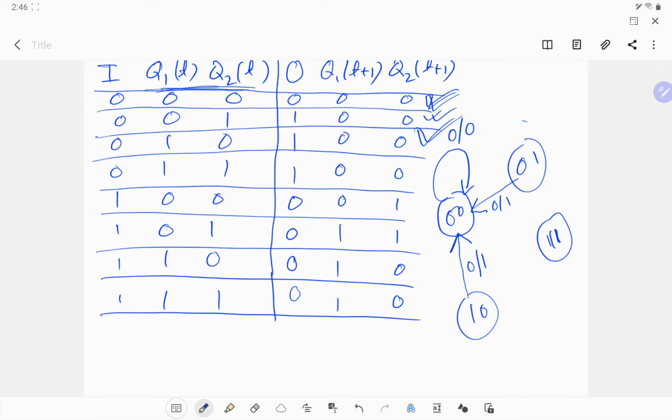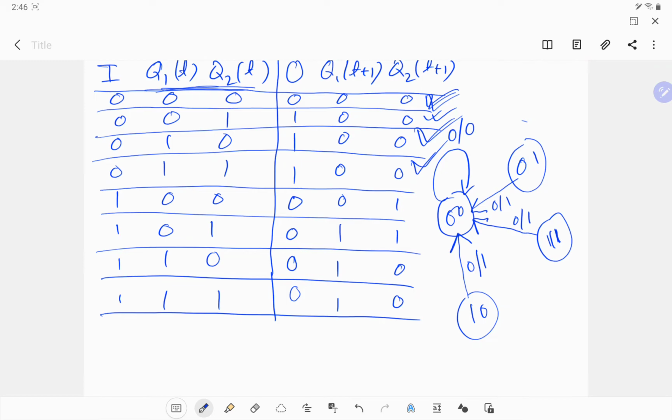Now for the next row, the present state is 11, the next state is 00. So it goes from 11 to 00, input is 0 and output is 1. We're done with the first 4 combinations.